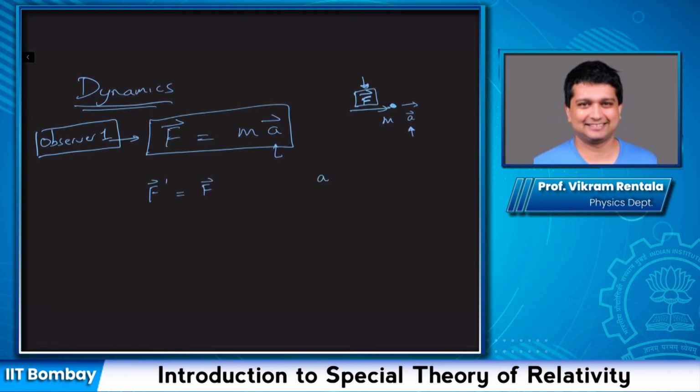So we can just plug in our relationship between a prime and a into this equation. And what that would tell us is that observer 2 would measure a force f prime, which should be the same as f, but what they would see would be this.